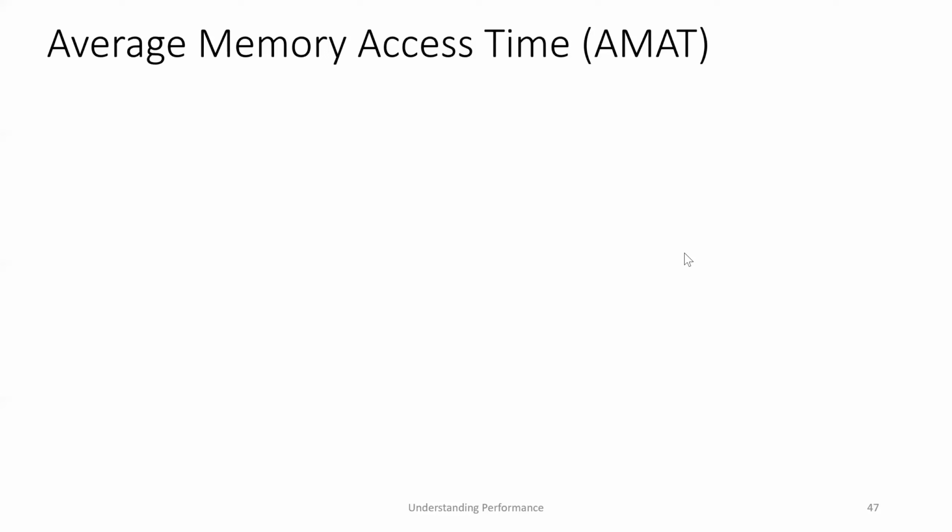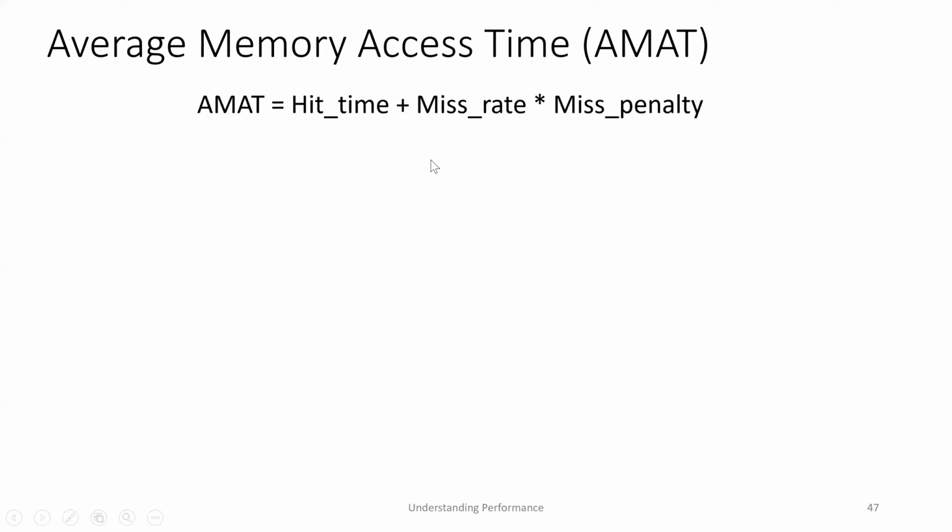So to understand the effectiveness of any memory level, or in general the hierarchy, we have a specific metric called average memory access time, AMAT. It is defined as hit time, meaning if a data item is available in the cache, how much time we take to respond back with the data, plus the miss penalty, how much time we take if it is a miss, times the miss rate.